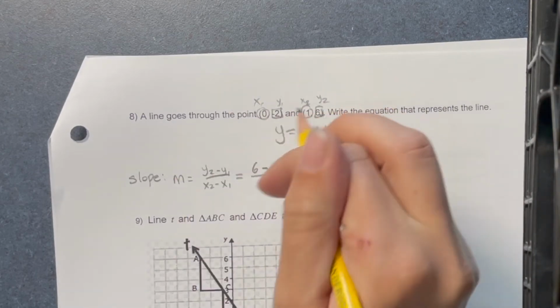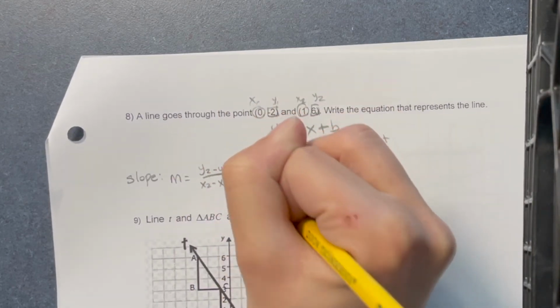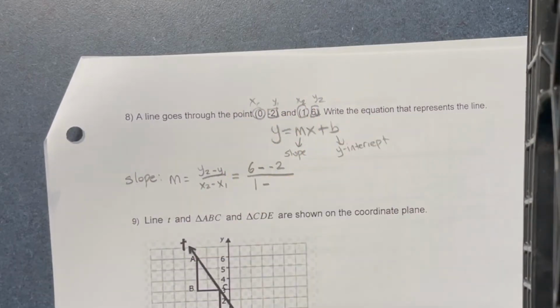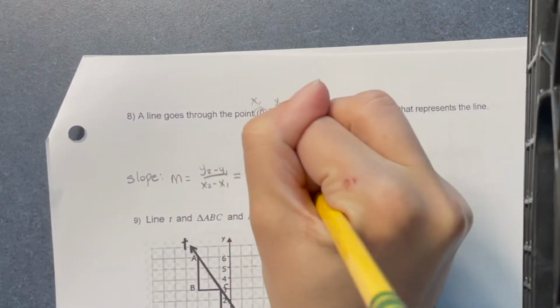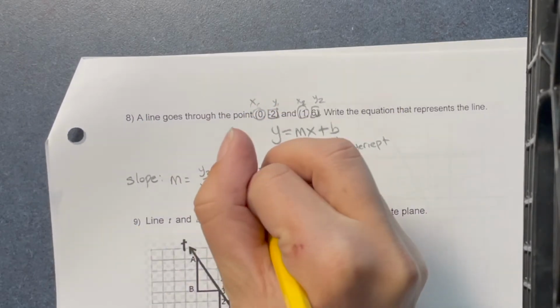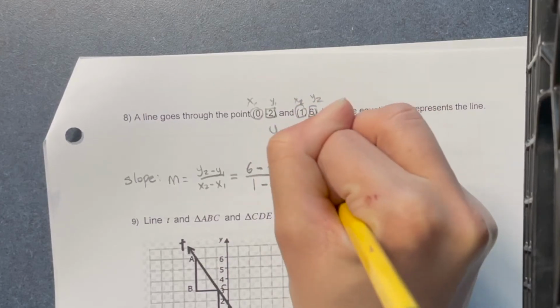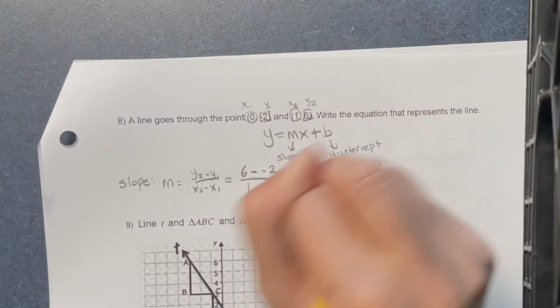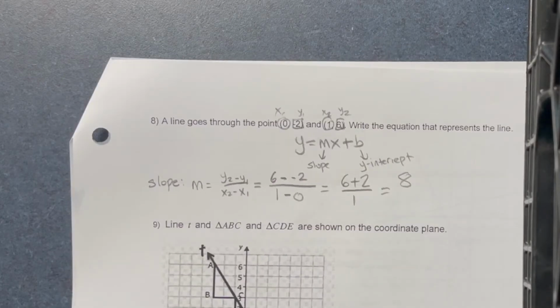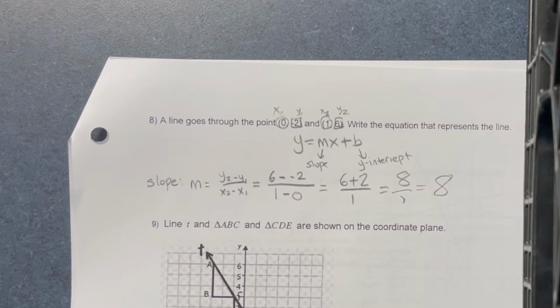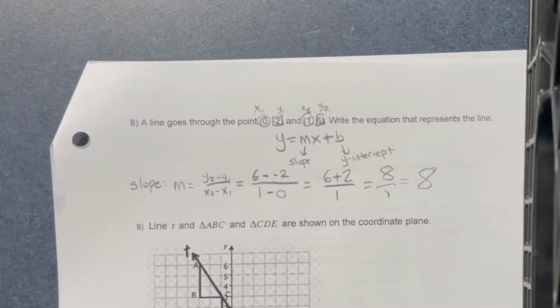Then we're going to take our x value of 1 and subtract the other x value, 0. And when you do that, 6 minus -2 is equivalent to 6 plus 2. So we get 8 divided by 1, which is just 8. Right, so the slope of the line is 8.